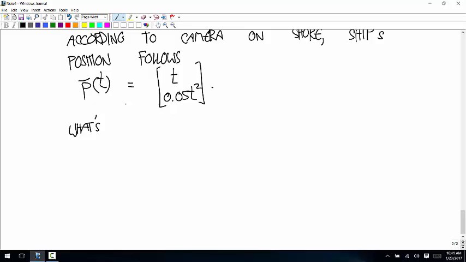And the question is, what's the acceleration of the passenger in an inertial coordinate system?